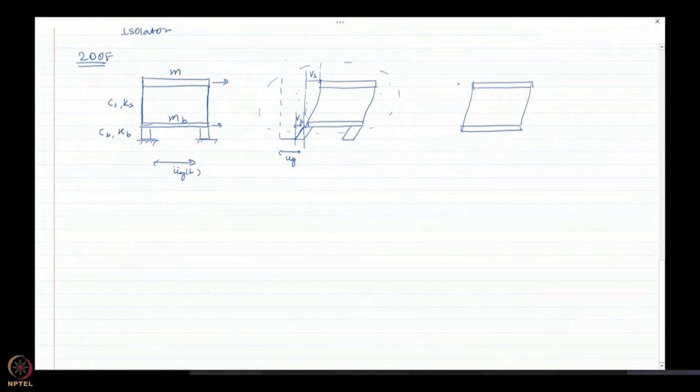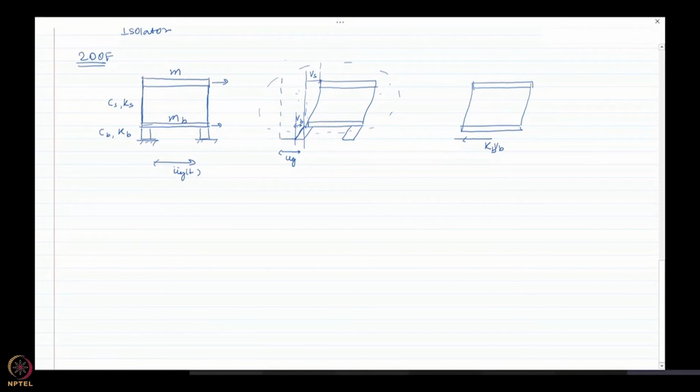Now if I consider the free body diagram of this, and I'm cutting the structure here, the elastic forces would be due to the isolation layer only, right? And that would be Kb, which is the base isolator stiffness, times the relative deformation of the isolator, which is here Vb.